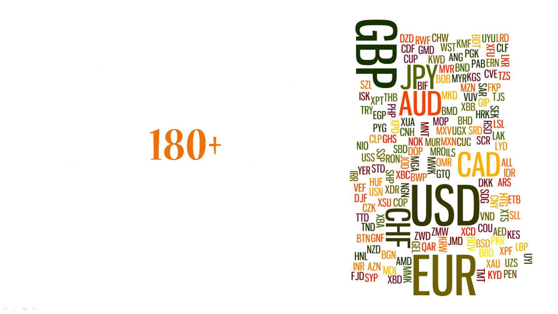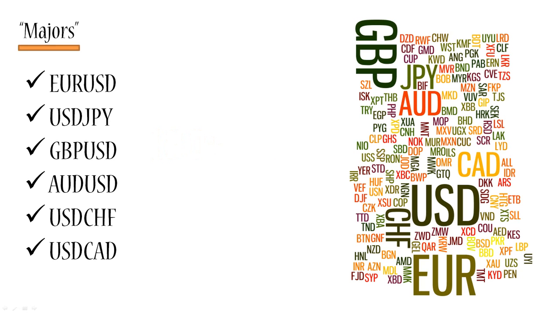There are over 180 currencies in the world, and you can combine any two of them to give you a currency pair. Most traders identify two main groups of currency pairs, and these are the majors: the Euro-US dollar, the dollar yen, the British pound dollar, the Australian dollar American dollar, the dollar Swiss franc, and the dollar Canadian dollar.